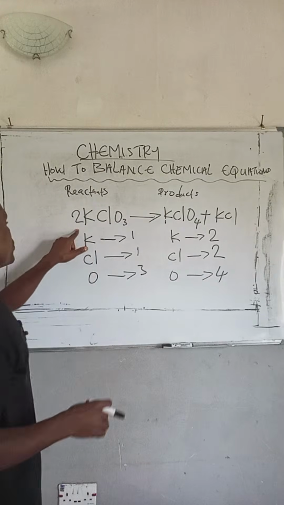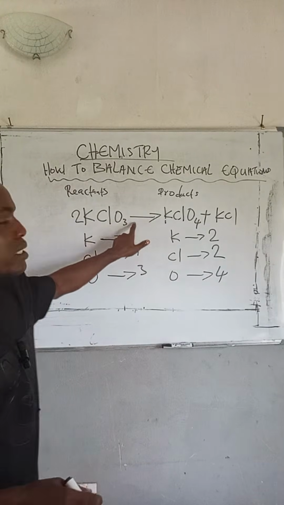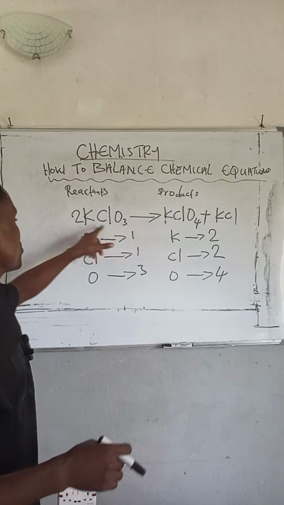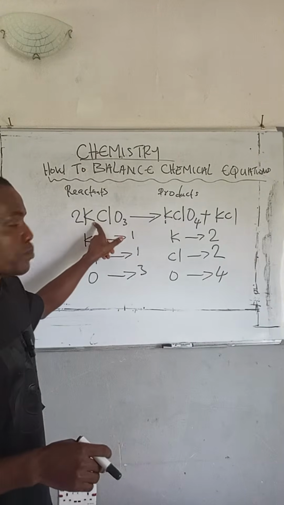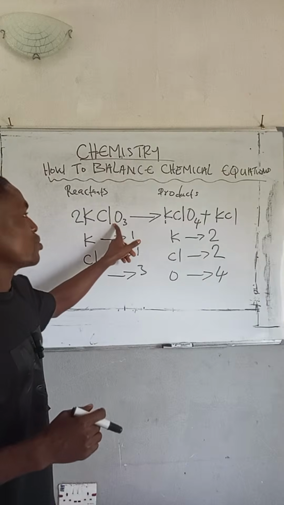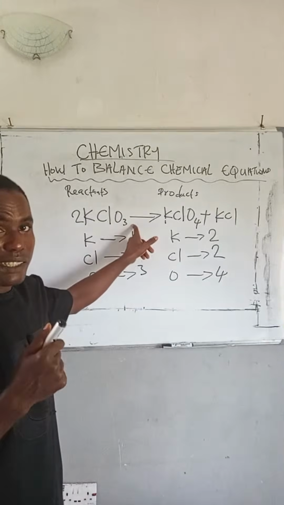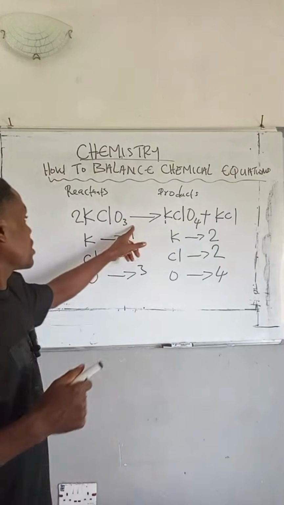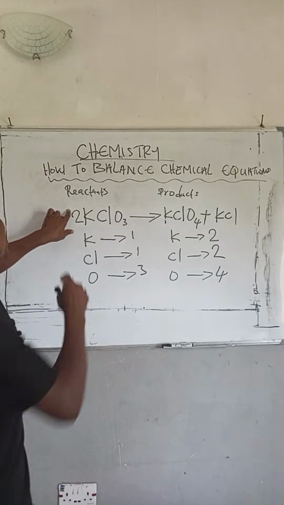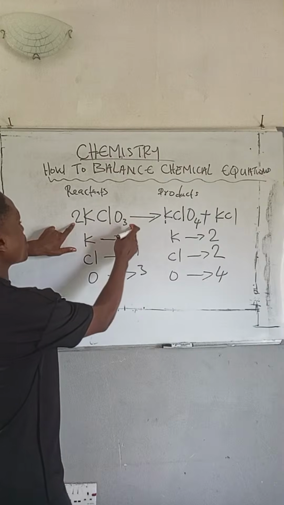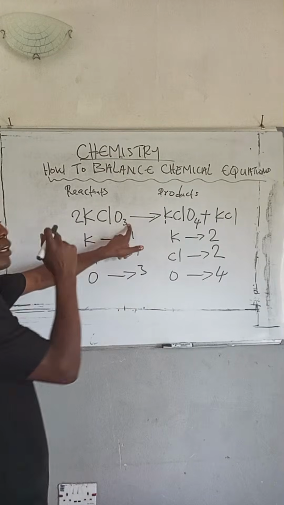You know that this 2 is affecting everything here, right? So meaning that potassium is 2, chlorine is 2, but oxygen is 6.